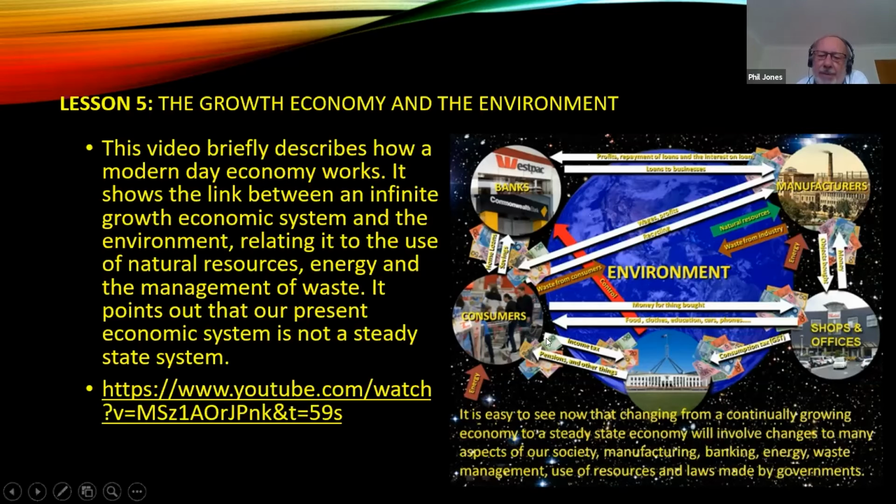The main point of this particular lesson is to give these students an elementary understanding of what we're talking about when we're talking about the economy, and the way in which the economy links with the environment. So you can see there from the diagram the involvement of energy, the production of waste, the use of natural resources.